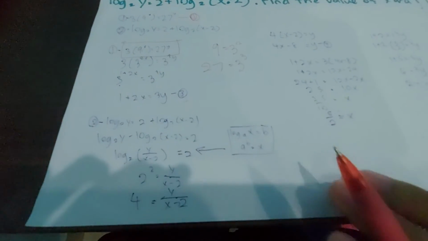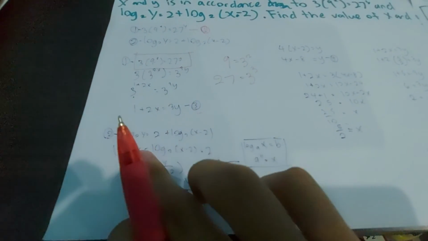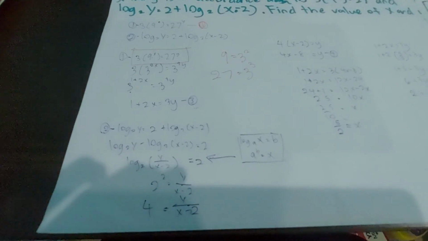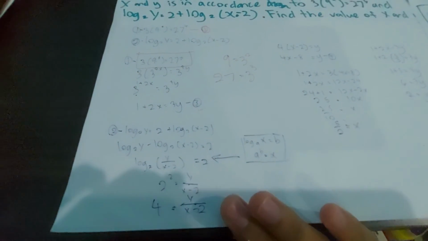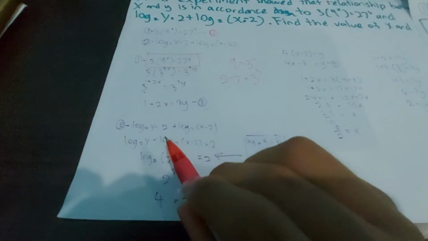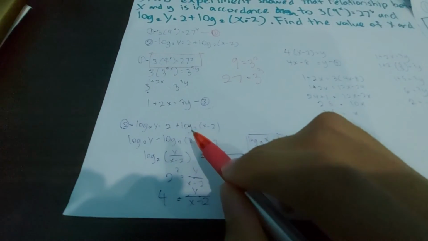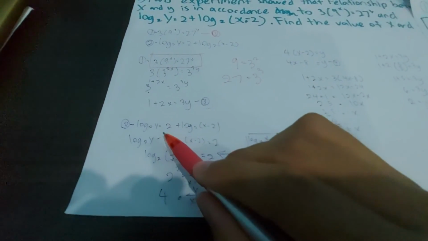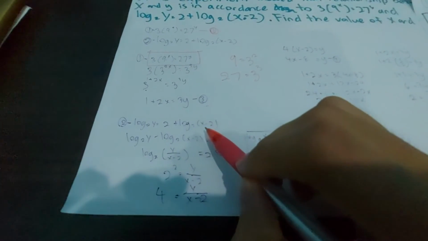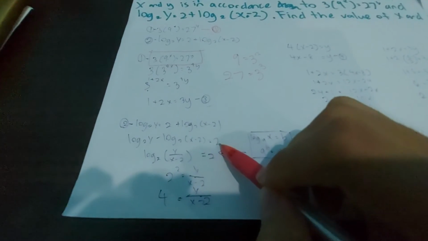Then we just need to simplify the second equation, which is log 2y equal to 2 plus log 2 in bracket x minus 2. When we see this kind of equation, we align the logs so that we can simplify. The first thing we see is that log 2y can be subtracted by log 2 in bracket x minus 2, which is equal to 2 here.